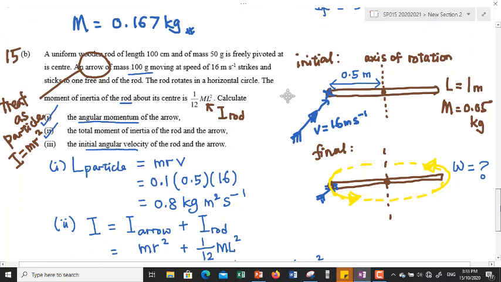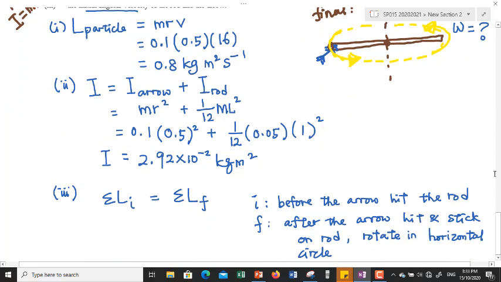So if you notice from question 1, we already calculated the angular momentum of the arrow while it was moving. So we can put it here. The initial angular momentum is 0.8, we already calculated it in the first question. Final will be I multiply omega.